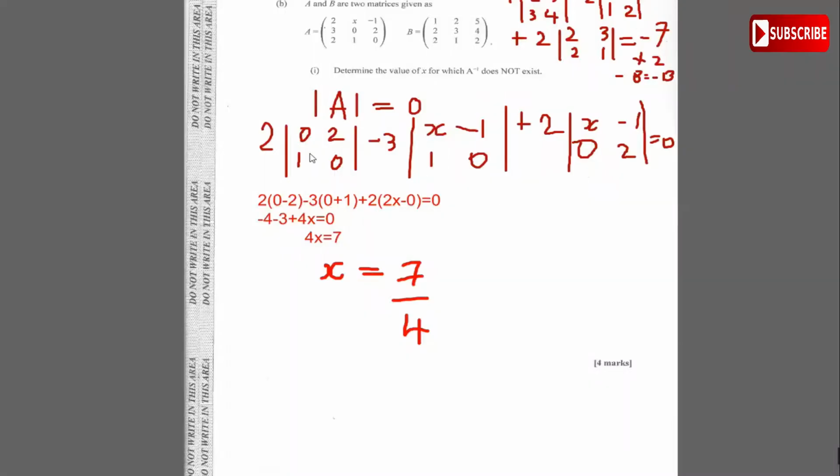Just checking the determinant of A formula. We know it should have been, this is 2, AD minus BC, this is minus 2, that's minus 4. This part is AD is 0, minus minus 1 is 1, minus 3, minus 4 minus 3 is minus 7. And this is 2x minus 0 times 2, that's 4x. That's 4x minus 7. This part is right.